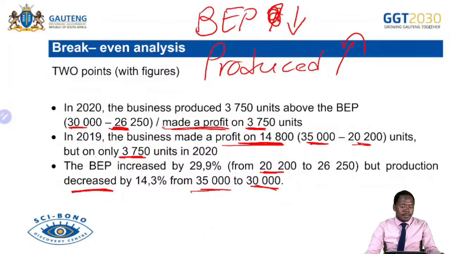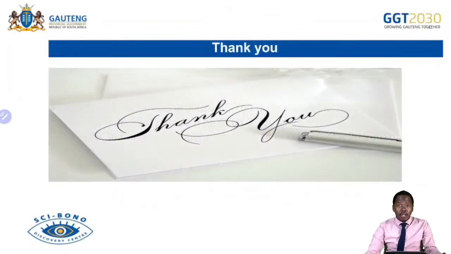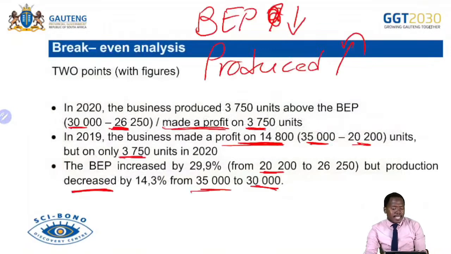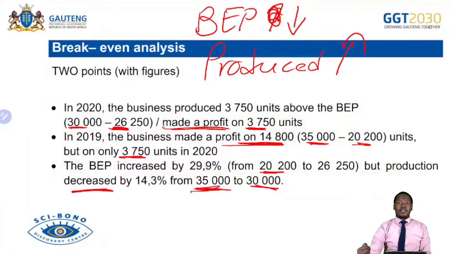Right, moving on. There is all grade 12s, but before that, I just want to stress these items. Break-even point should decrease. Here, they are saying it has increased from 20 to 26, and the produced units have decreased. So, if I may be asked, should I be satisfied with this? I would say no. The answer can also say yes, because I produce more.